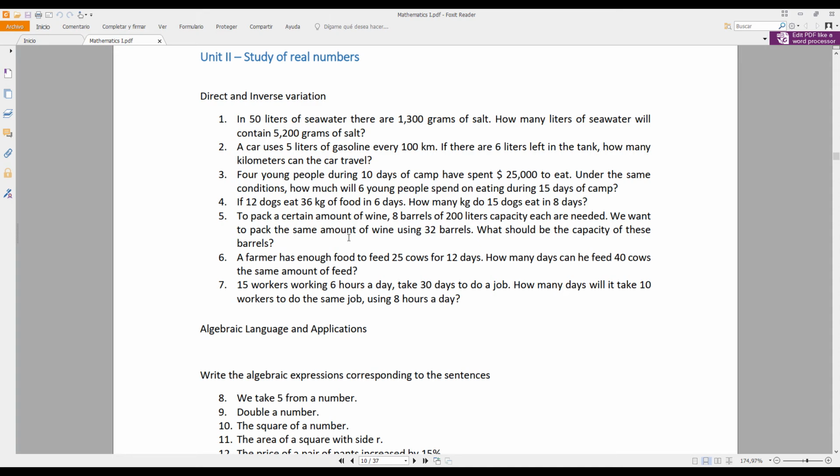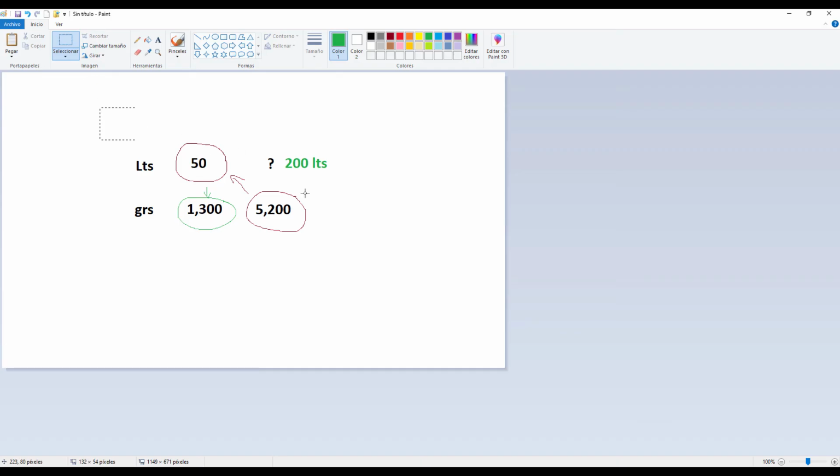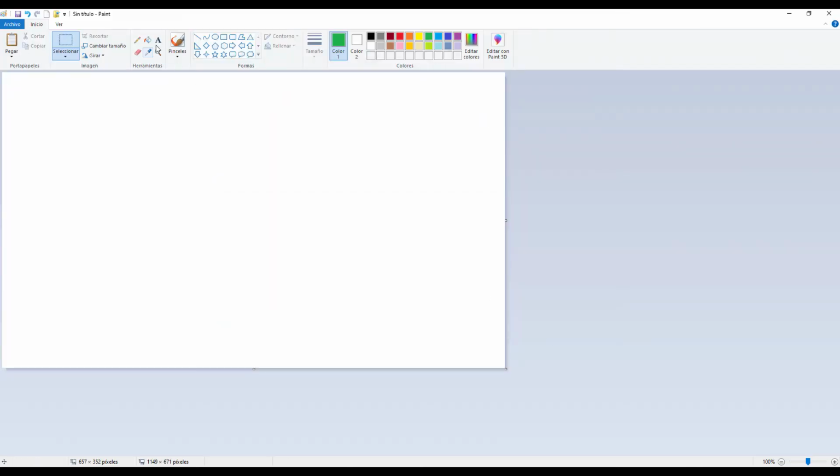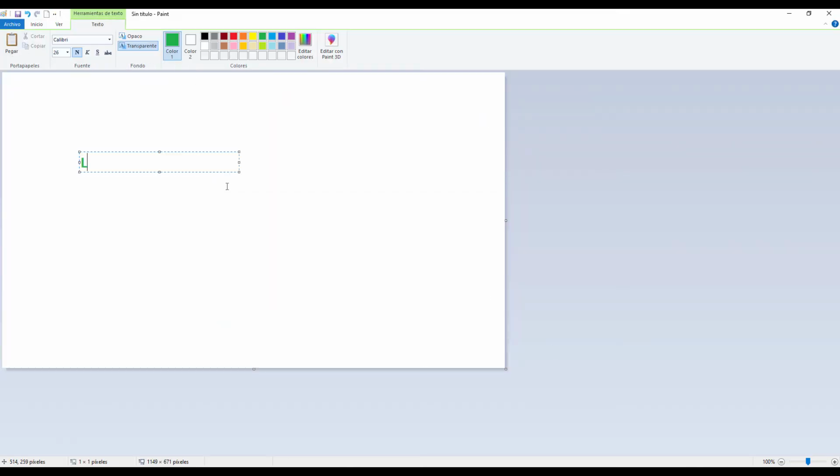Okay, again, you need to use a table for that. What kind of data do we have? We have barrels and liters. So here, liters, well, I will change the color, liters and barrels.